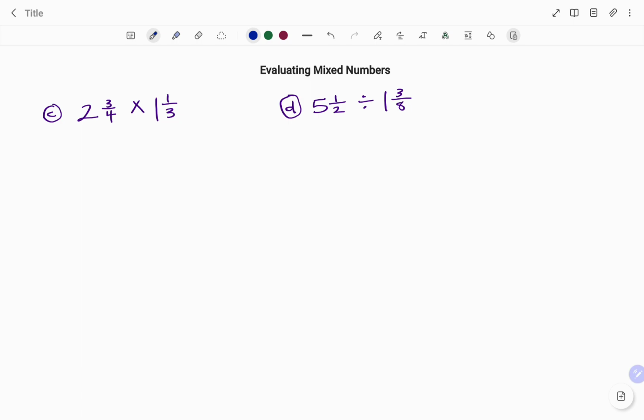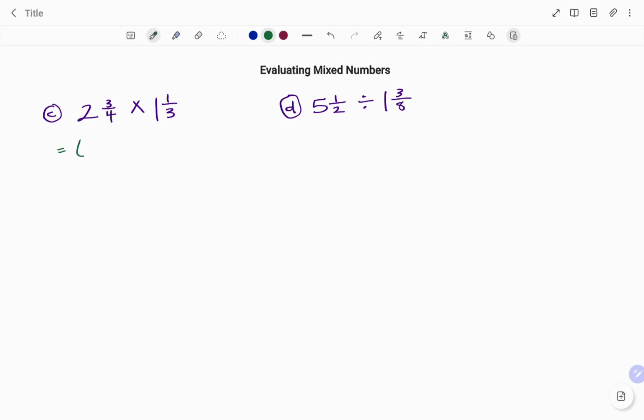In my last two examples, I'm going to show you how to multiply and divide mixed numbers. For C, I have 2 3/4 times 1 1/3. Like I did earlier, the first step is to change into improper fractions.